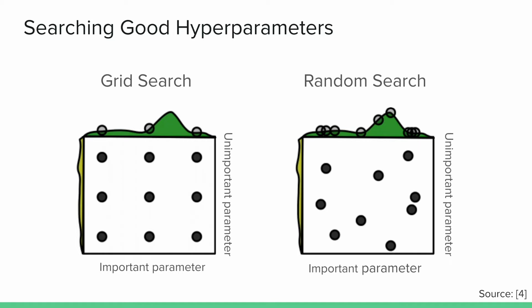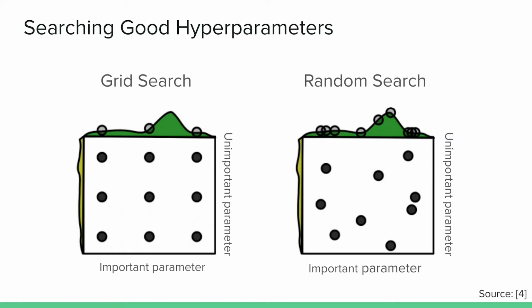And the basic insight is that when you are performing random search versus grid search, you typically obtain better results with random search, because as you can see here, you might have one parameter that is pretty unimportant and another parameter that is important. And when you do random search, there is a good chance that you will hit that sweet spot for the important parameter.